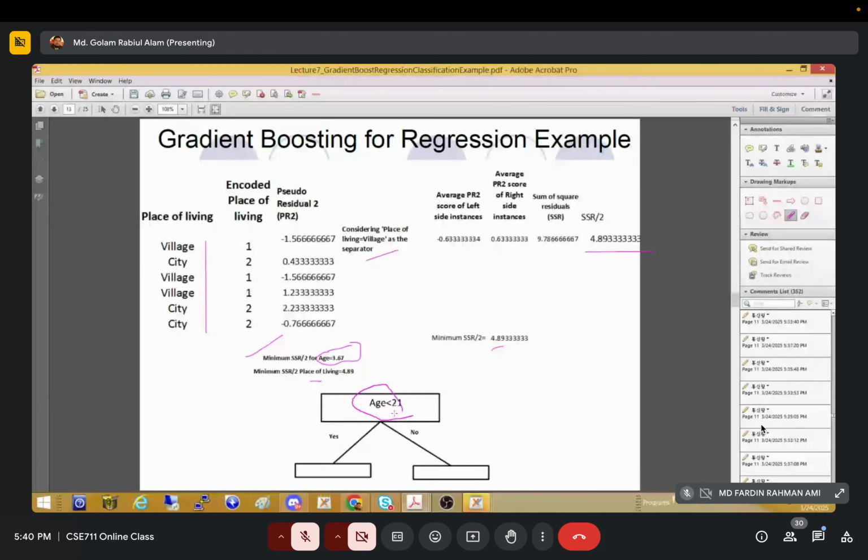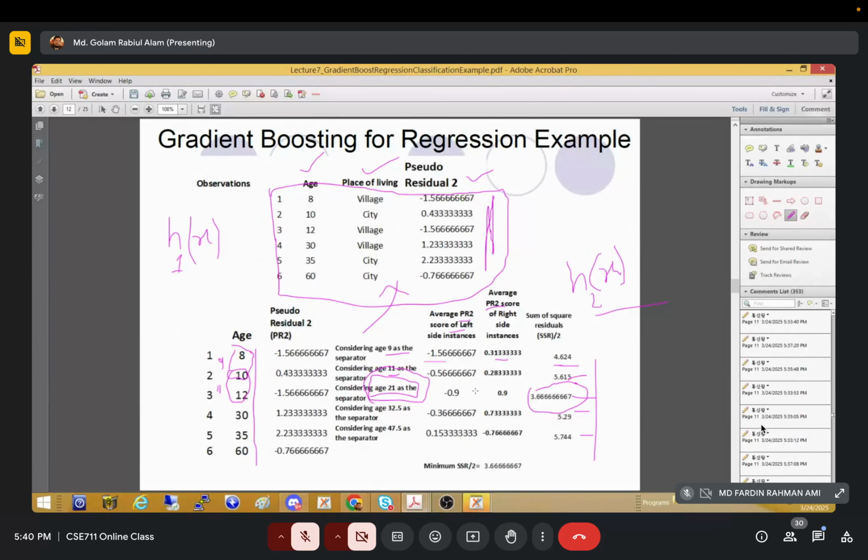So again, we go with age less than 21 as another weak learner. This time, on the left side we have negative 0.9, and on the right side we have positive 0.9.